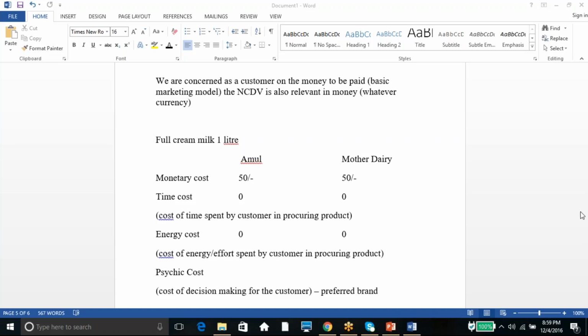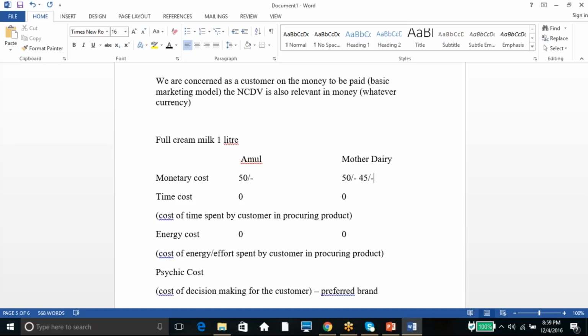So 4 rupees discount or 4 rupees per liter? Discount. Okay. So let's say 4 to 5, which means if Mother Dairy had become 45 rupees instead of 50, then Ajay would have shifted to Mother Dairy.